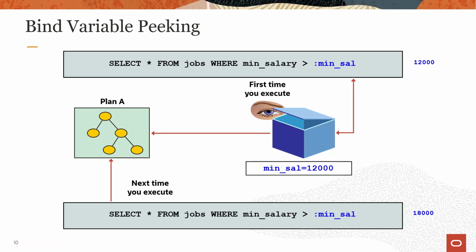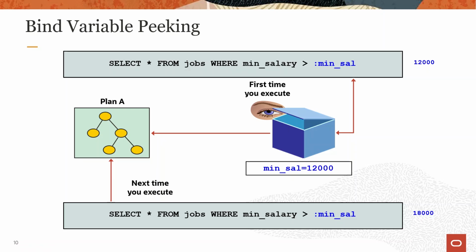This means that when the database looks in the library cache for an exact match of that statement, it will not find one, because it's the very first execution. So it needs to do a hard parse, and during hard parsing, the optimizer has to come up with an execution plan.